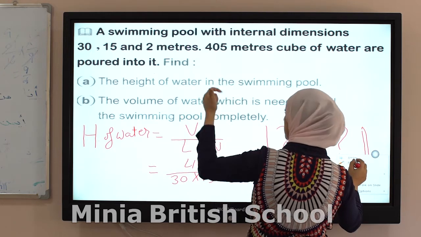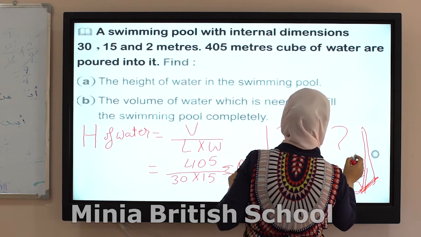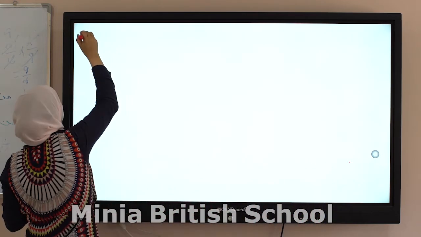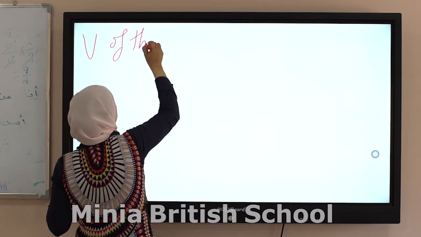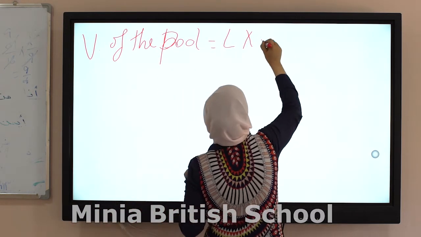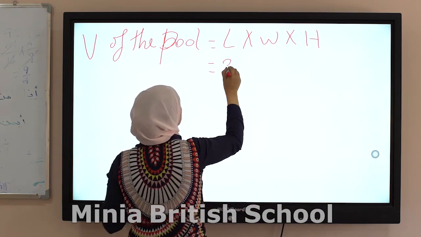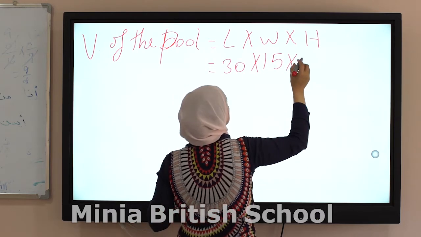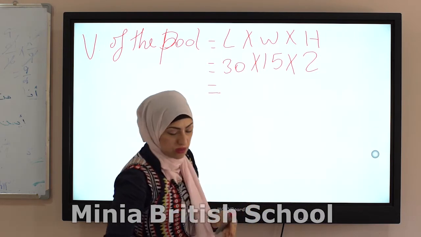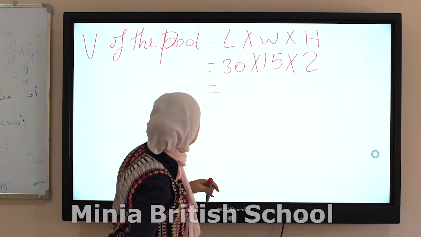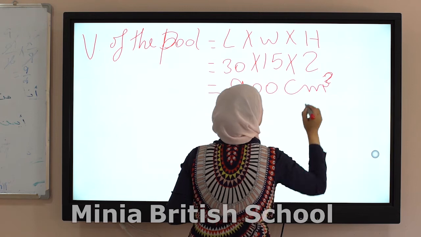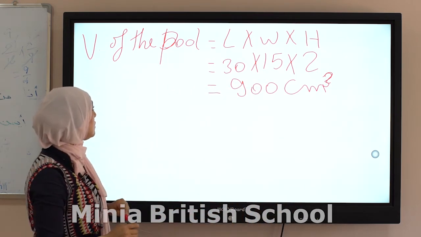Okay, so here, the volume of the pool equals length times width times height, which is 30 times 15 times 2 equals, 450, yes, 450 times 2 equals 900 cubic centimeter. This is the volume of the pool.